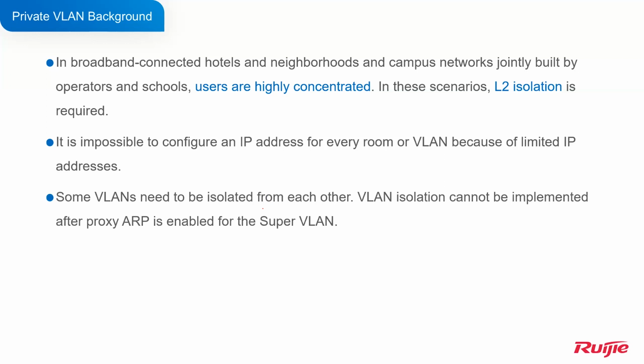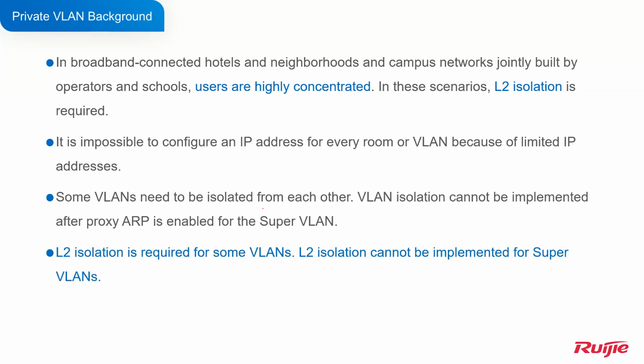So even if we have used the super VLAN, we cannot isolate the VLANs because we have enabled proxy ARP, so they can communicate with each other at layer 3. Even if layer 2 has been isolated, they can communicate at layer 3. So layer 2 isolation is required for some VLANs. Layer 2 isolation cannot be implemented for super VLANs.